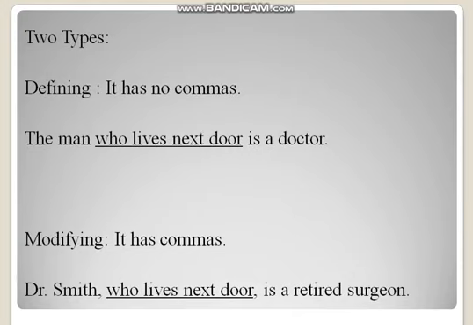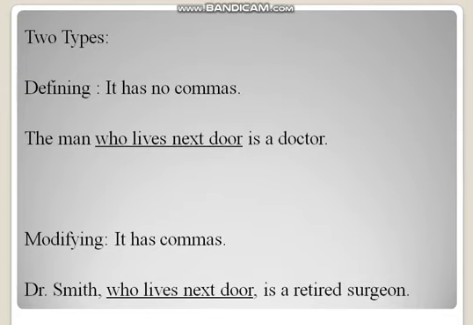If we omitted this adjective clause here and we just said Dr. Smith is a retired surgeon, it is still clear to us that Dr. Smith is a person who is a retired surgeon. So this type of modifying adjective clause, if omitted from a sentence, its meaning would still be clear, but here they are just modifying Dr. Smith, that is, which Dr. Smith, who lives next door.